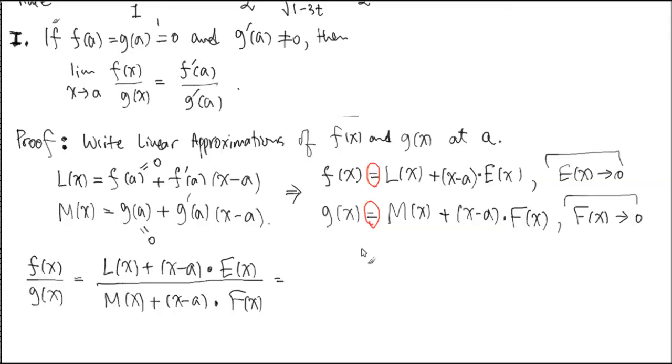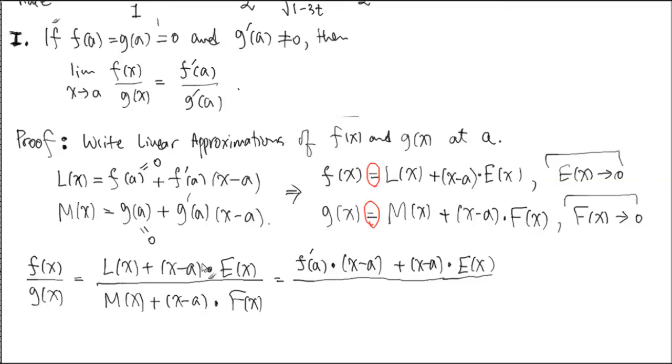Now at this stage, you replace Lx with what we know. So what is Lx here? Right, f of a has disappeared. That's assumed to be 0. So Lx is simpler: f prime of a, the slope of the tangent line, times x minus a, plus x minus a times ex, which is the error term.